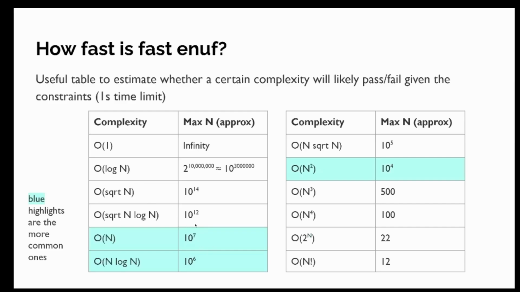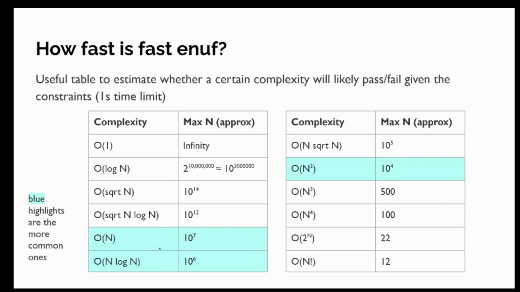If n is 10 to the power of 7, that means that the worst complexity you can have is O(n). If it is 10 to the power of 6, then the worst complexity you can have is O(n log n). Do note over here for a constant term, technically it's not actually infinity, but because computers run so fast, we'll take it as infinity.